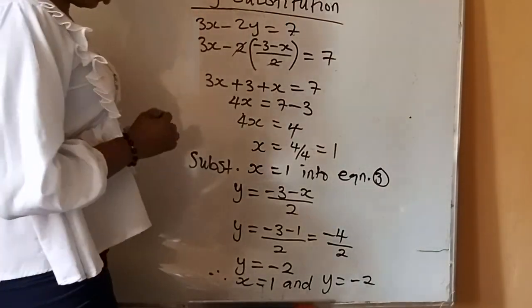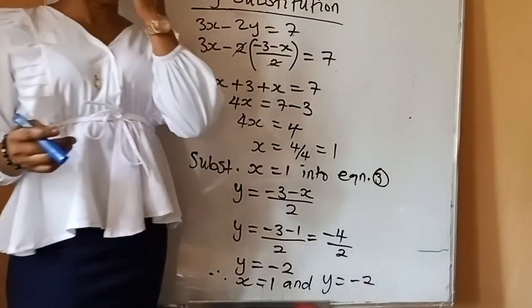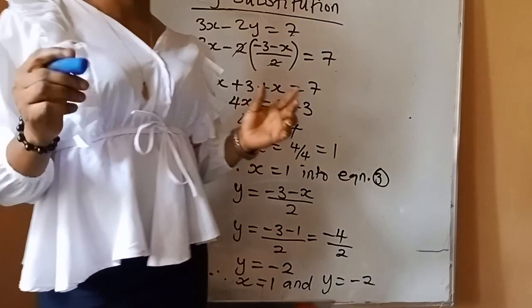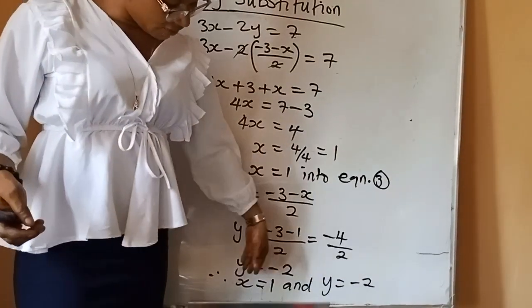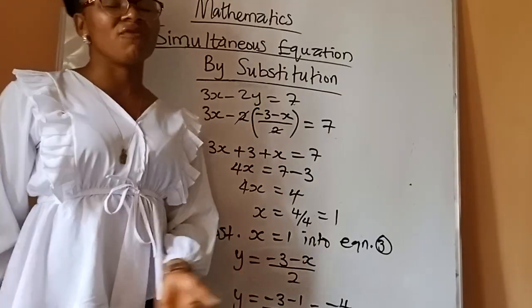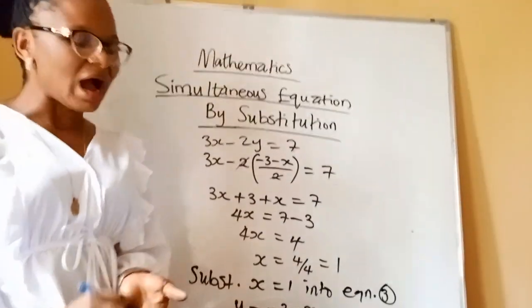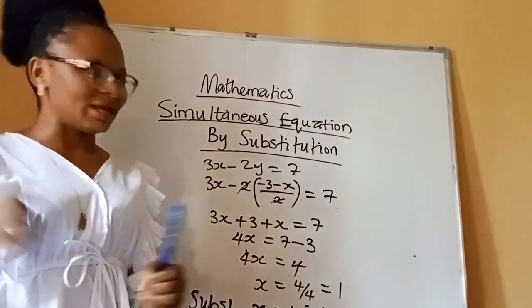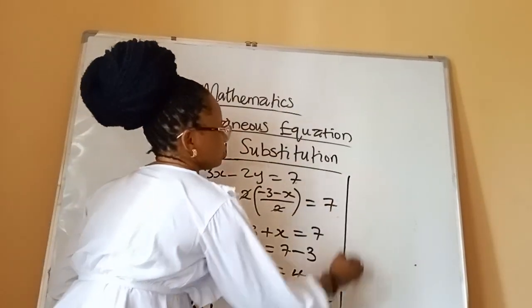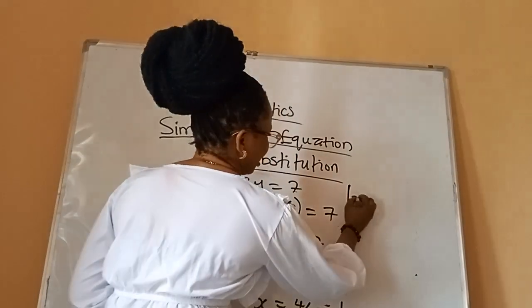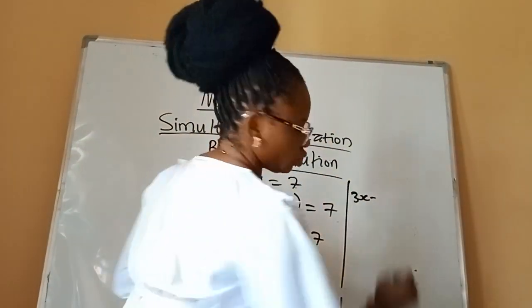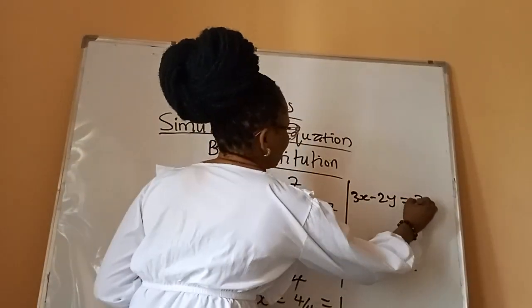If you want to be sure the values you got for x and y are correct, use the values you just got, substitute into any of the equations and see if it actually gives you the other side. Okay, for instance, what do I mean? Our equation 1 was 3x minus 2y equals 7.